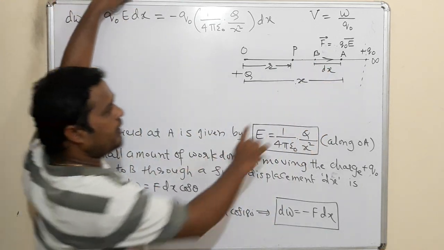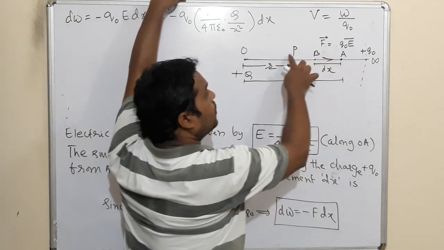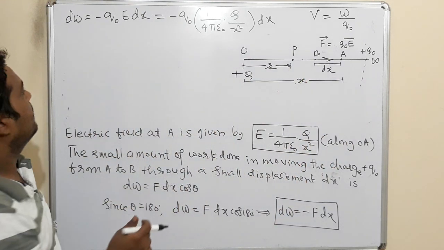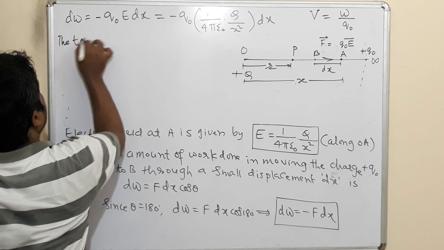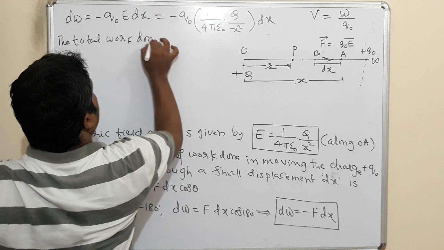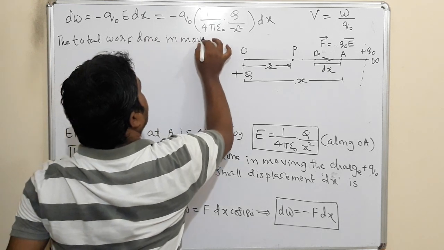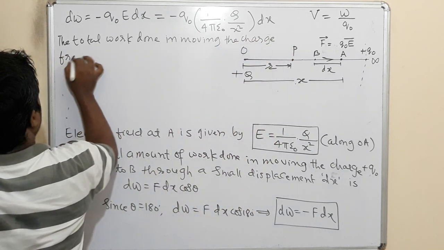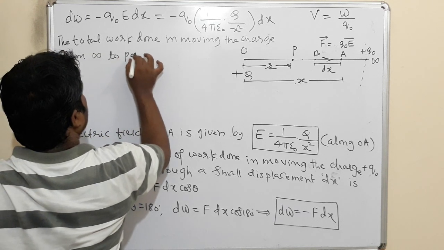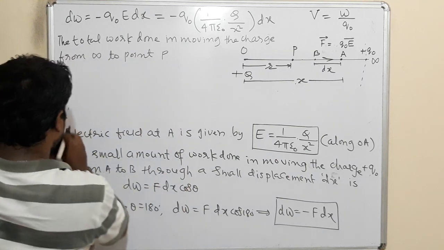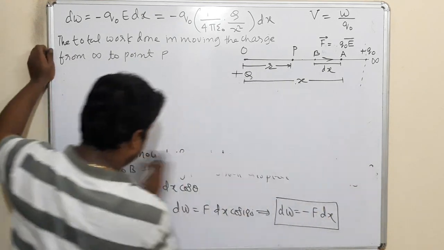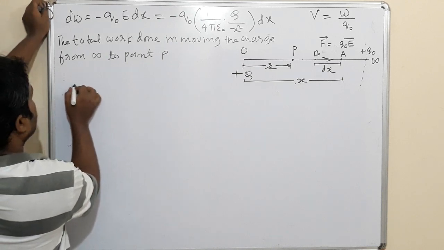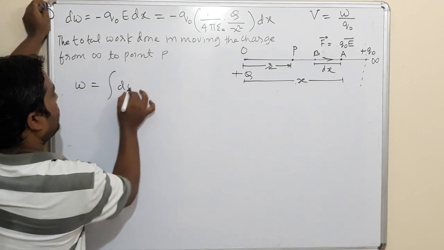But I don't want to bring it from A to B. I should move it from infinity to point P. That means I should reduce the distance from infinity to R. Then the total work done in moving the charge from infinity to point P: W is the integration of dW.